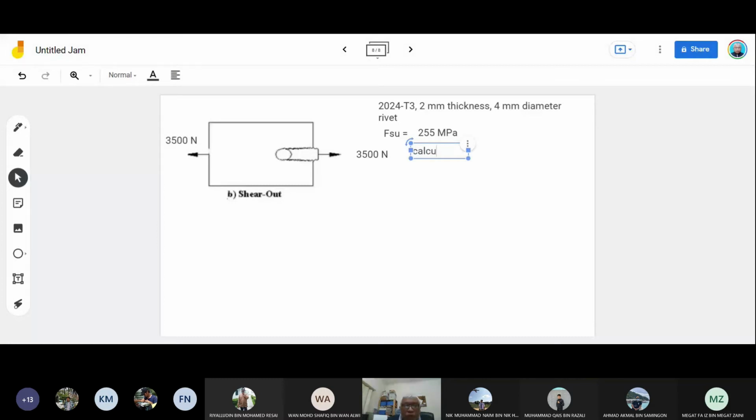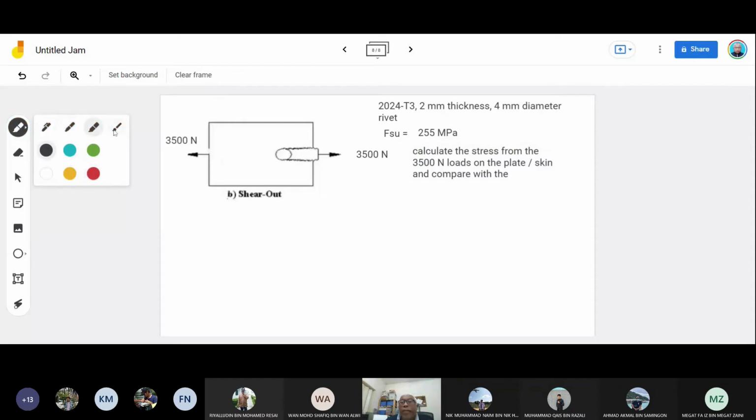Calculate the stress from the 3,500 Newton load on the plate, or on the screen, and compare with that value, the failure stress.